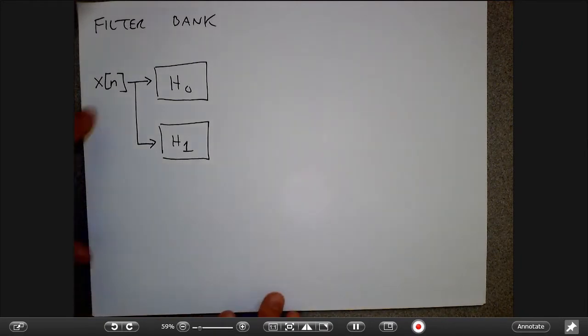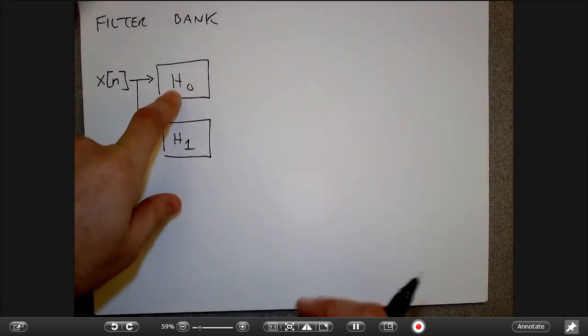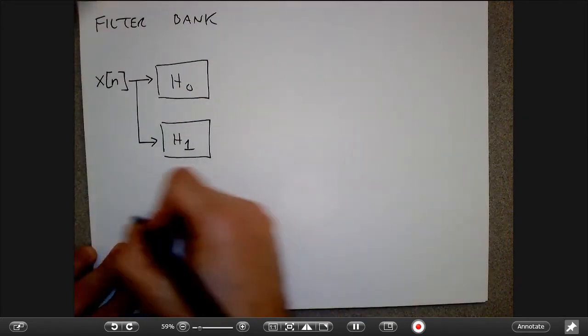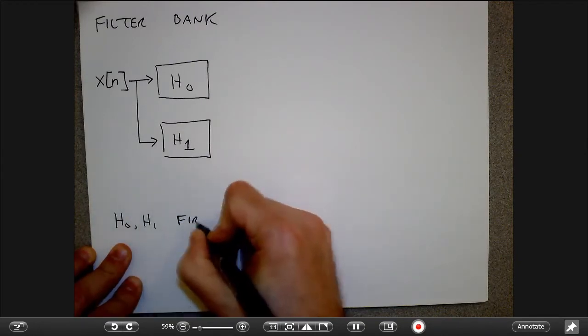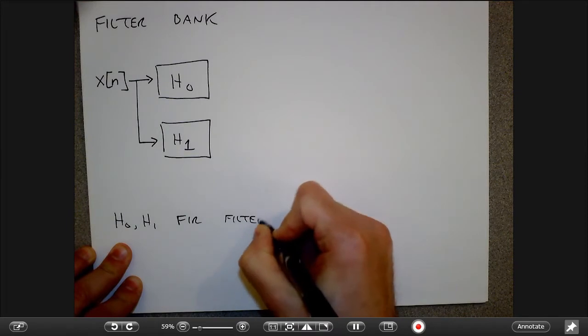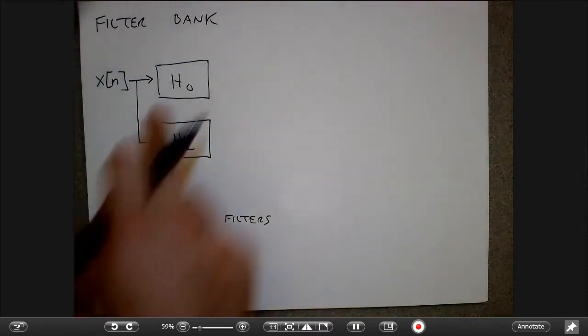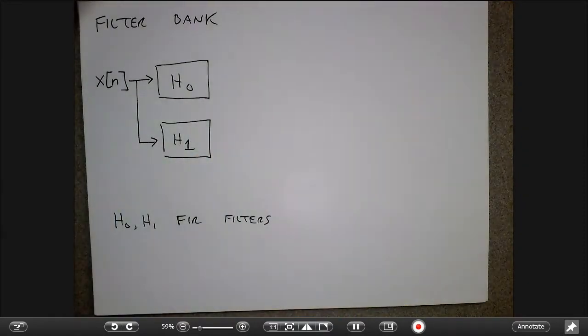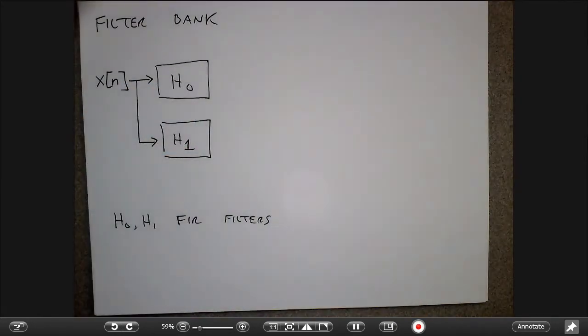And so let's suppose that I have n samples in my original signal, okay? And now I pass it through an FIR filter here and an FIR filter here. So if I pass this through these 2 filters, then each one of these guys is going to give me n numbers at the output, right? And so the idea here is that I want to represent the signal with only n numbers totally. And if I pass it through two filters, I've got two n numbers, right?